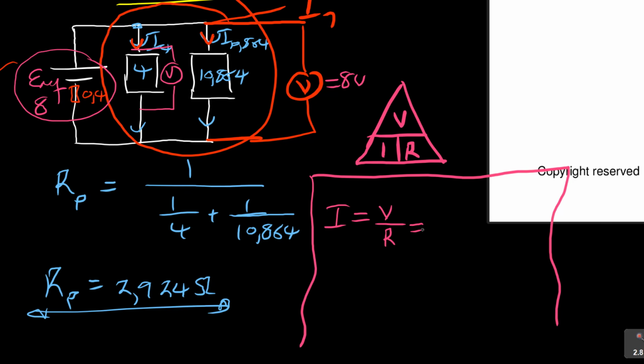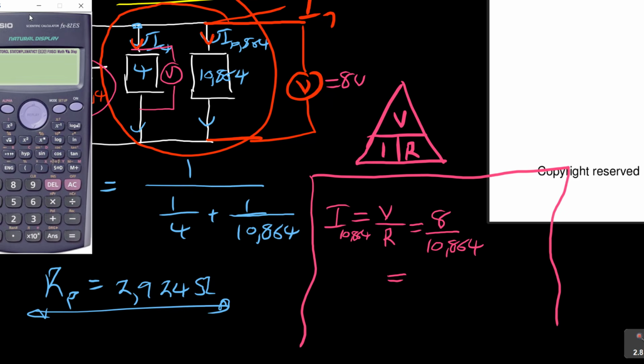So you come back and say here it's 8 over... I can start by looking at this 10, where I'm looking for I10,864. Pay attention there, it will give me the current that entered there only.